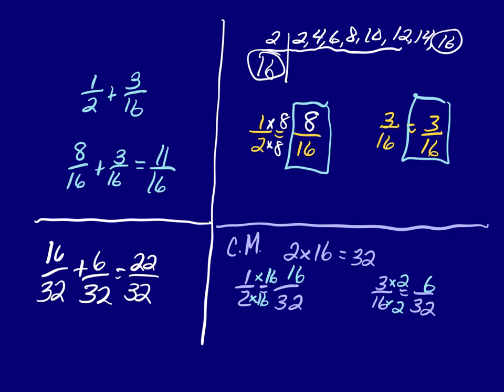I know that these are both even numbers, so I can divide them by 2. 22 divided by 2 is 11. 32 divided by 2 is 16. So you still get the same answer. It really just depends on which way works for you. In my opinion, making that list of multiples works the best to get your smallest, simplest answer.